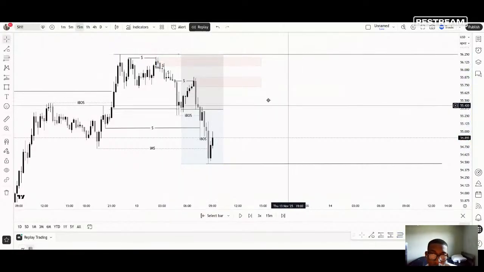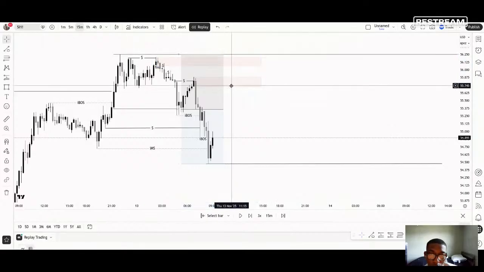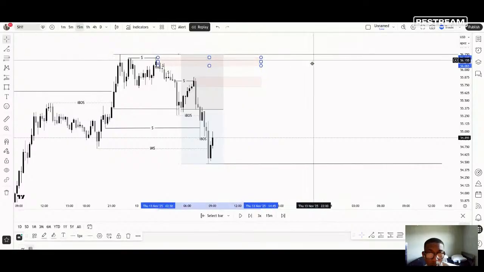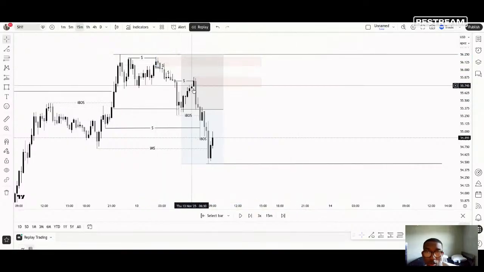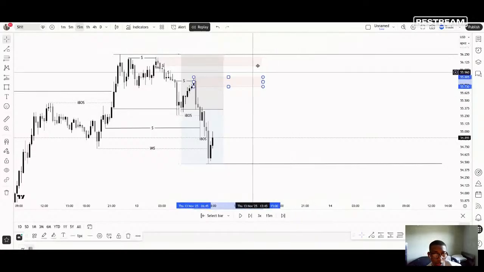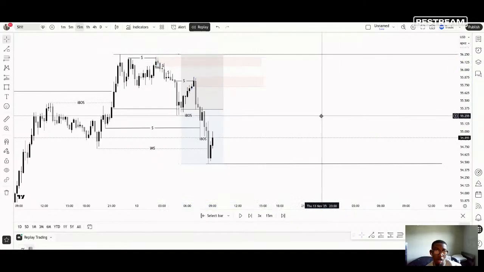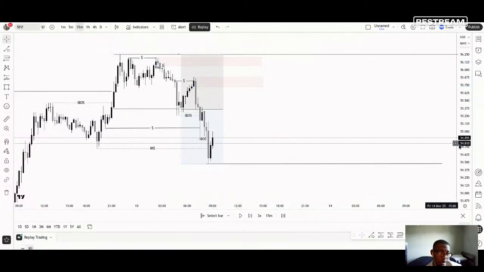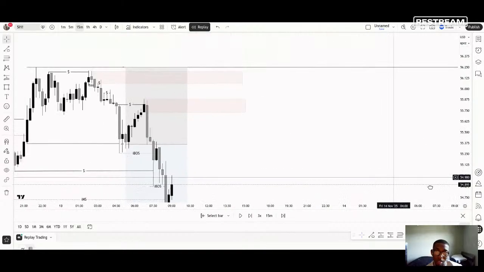At this moment, both these scenarios are very high probability areas, but this area will be stronger because this is the area that caused price to collapse. This is another area that's pretty strong, but it's not as strong as this area. You know the terms sell high and buy low. I don't really go off of those terms, but in this scenario it shows that.